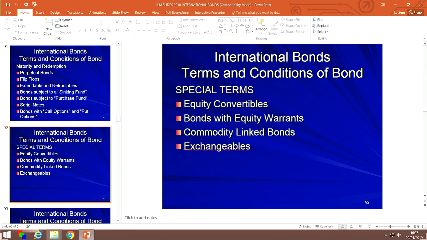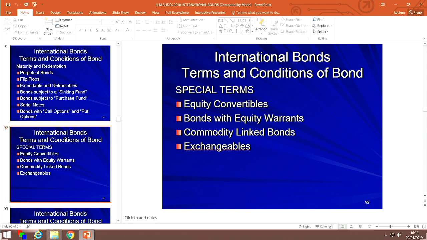A similar category are commodity-linked bonds. These are quite, I would say, not very common, but reasonably common. Essentially, these are bonds which have clauses which link the payment due to an investor on redemption of the bond at the end of the life of the bond to the value of a specified commodity.